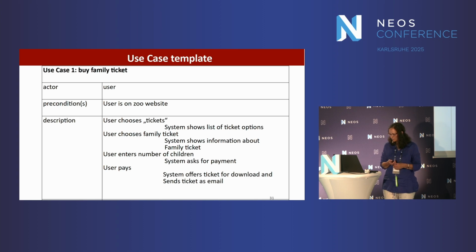So we also have here preconditions, and somehow the postconditions have slipped again. Usually we describe preconditions, so we start here with the user who is already on the website, and postcondition is that the user can download the ticket as a PDF and also gets an email, and also we got payment. It's important from the side of the zoo.